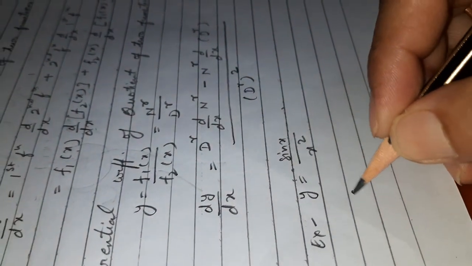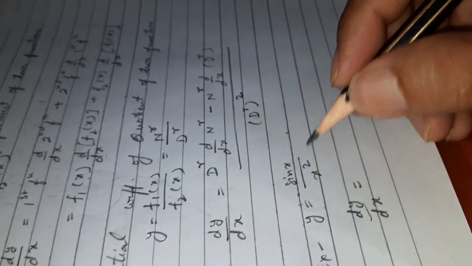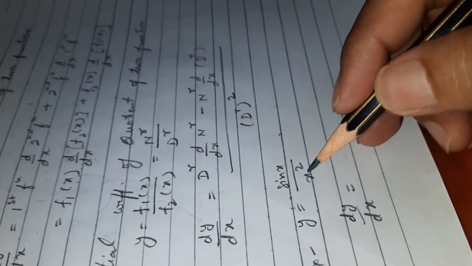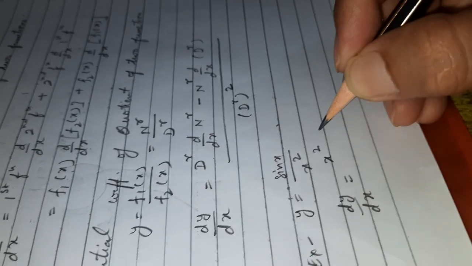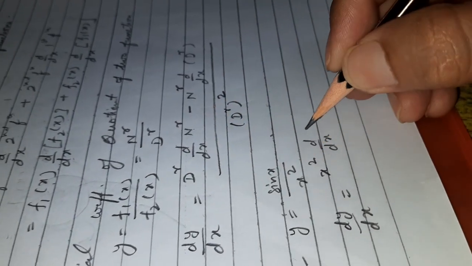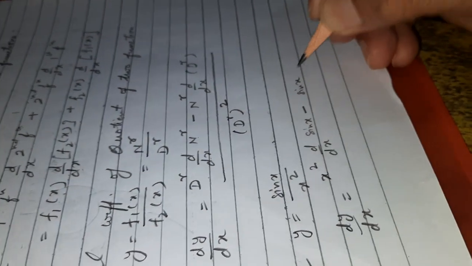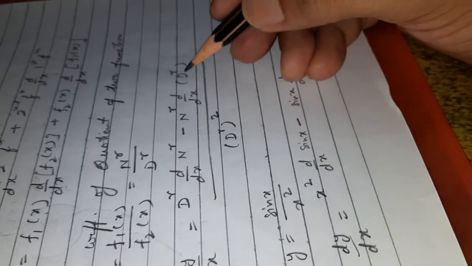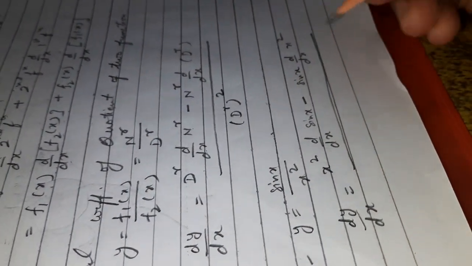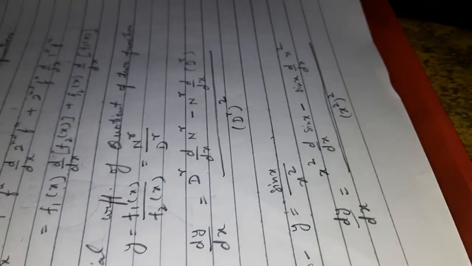Then the differential, dy upon dx, is first the denominator x square times d by dx of the numerator sin x, then put a minus sign, then the numerator times d by dx of the denominator x square, upon the square of the denominator, that is, square of x square.